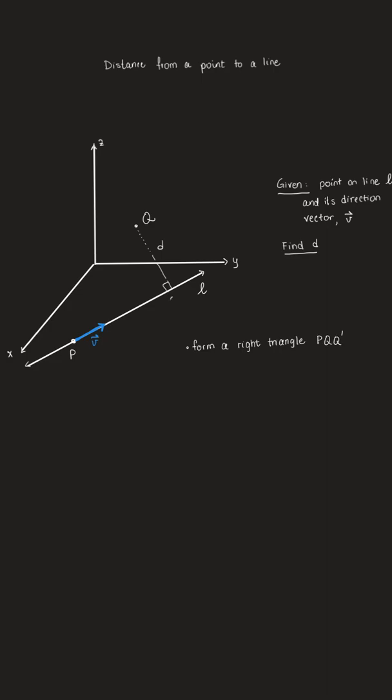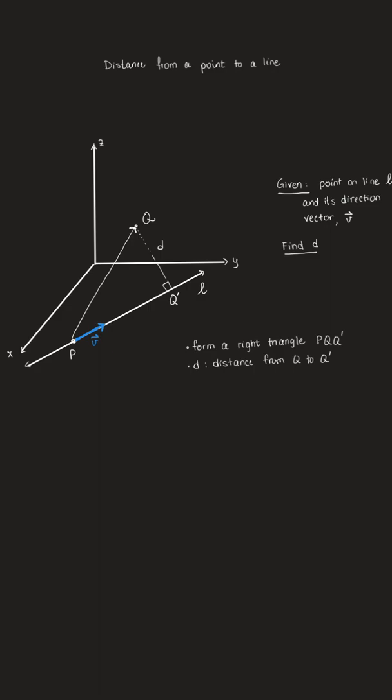So I'm going to call this projection of Q onto the line Q prime, and I'm going to just draw the right triangle PQ, Q prime, and I'm going to make PQ a vector from P to Q. Now, D is the distance from Q to Q prime. That's what we want to find.